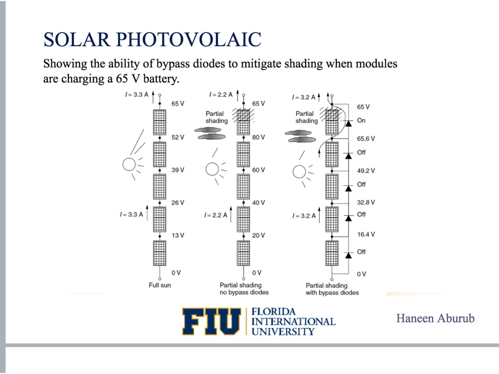So without the bypass diodes, a partially shaded module constricts the current delivered to the load. With the bypass diode, the current is diverted around the shaded module, as can be seen here.